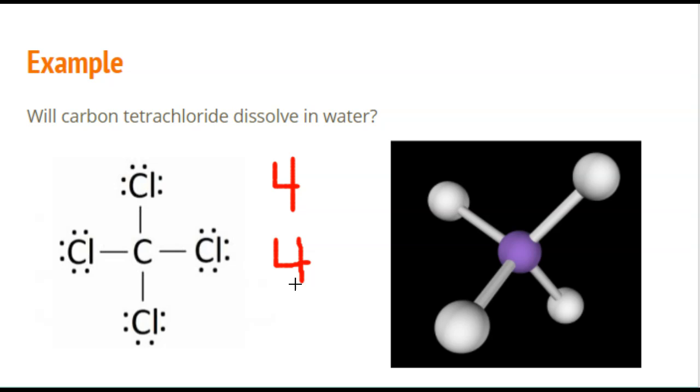This guy is not polar. So if it's not polar, guess what? This thing is not going to dissolve in water. Water is polar. Okay, this guy is not polar. So in order for them to dissolve in each other, they have to be the same. So this is opposite.